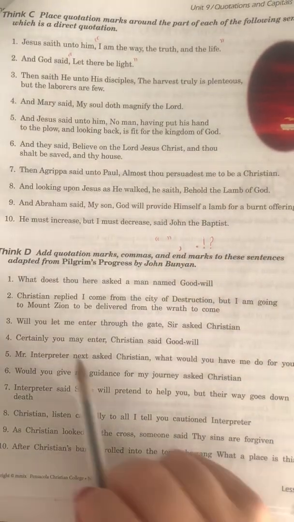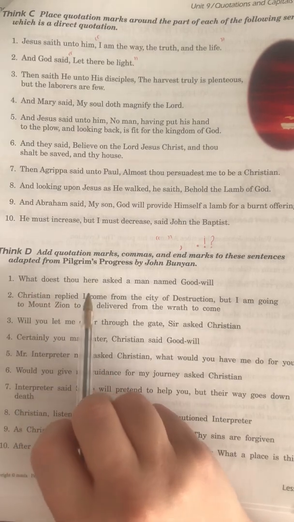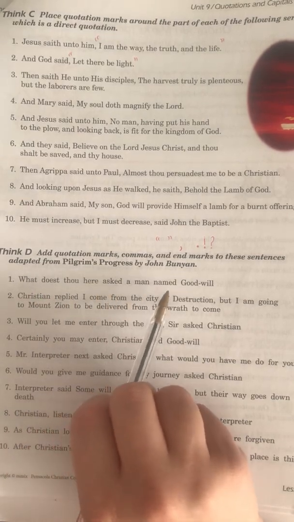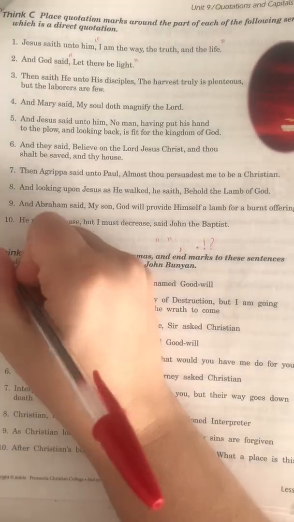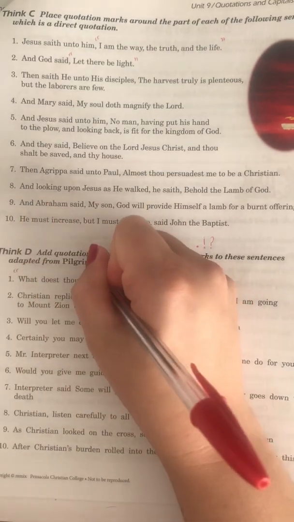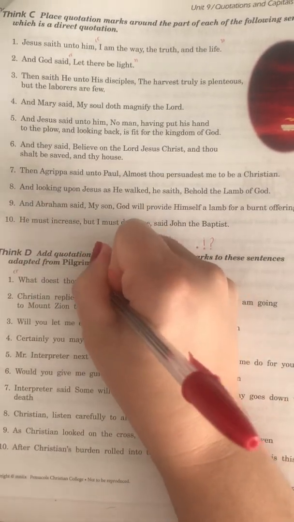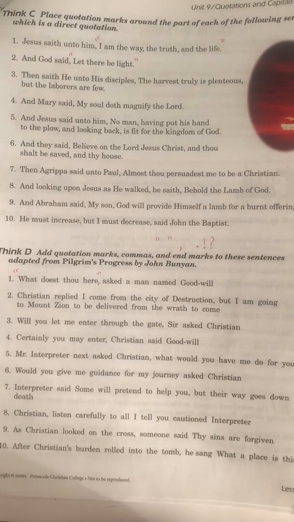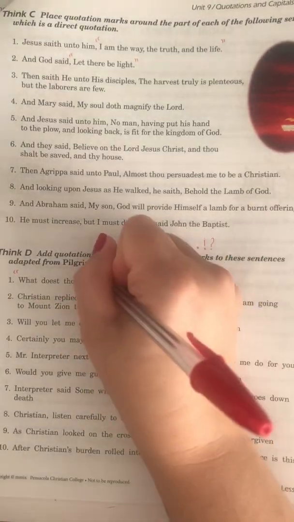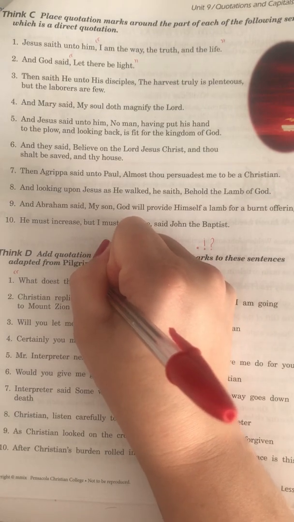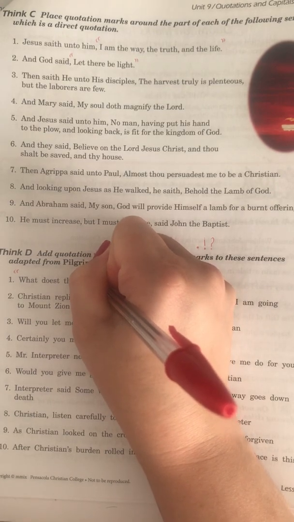"So, what doest thou here?" asked a man named Goodwill. What doest thou here? So we have our quote here. Make sure that your comma goes before the quotation mark. And since this is a question, make sure that your question mark goes here.